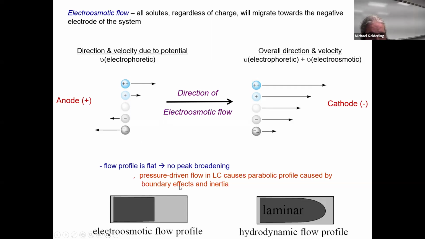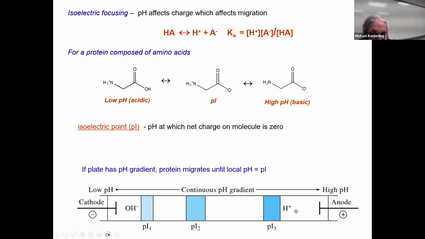There's no peak broadening. The pressure-driven flow in liquid chromatography will cause a parabolic profile by boundary effects and inertia, but electroosmotic flow does not have that effect. The electroosmotic flow looks like this, while hydrodynamic flow looks like this because of the interactions with the wall.